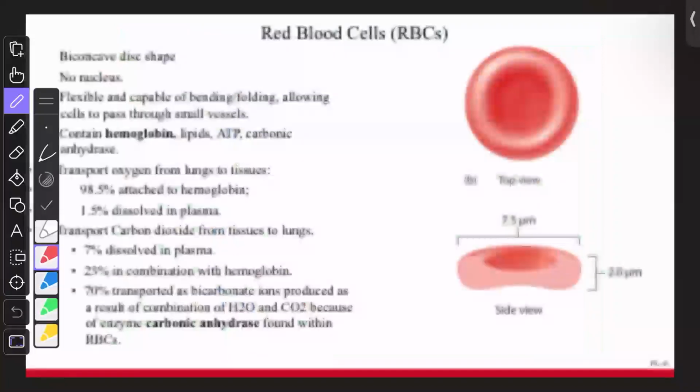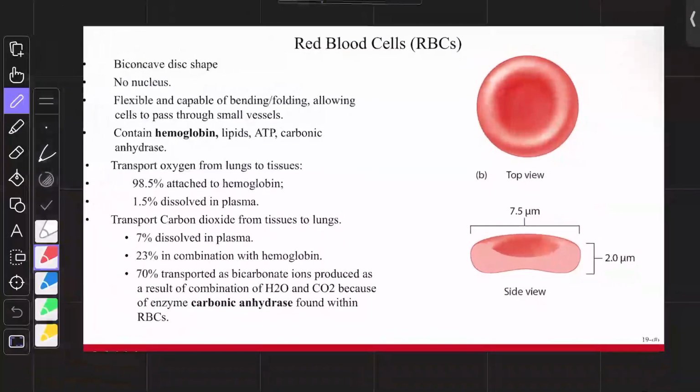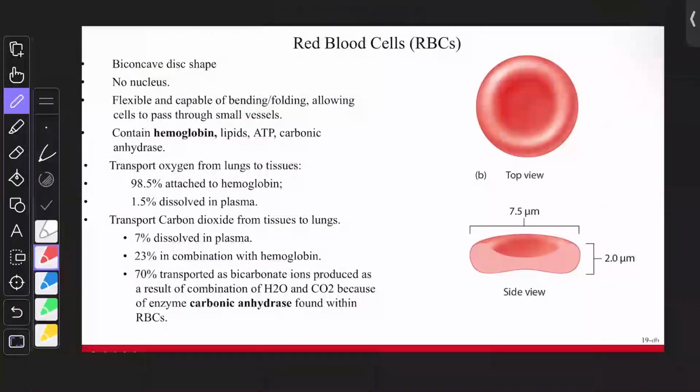Okay. All right. So red blood cells. First of all, red blood cells are unique in the body in that they lack a nucleus. They are anucleate, and they have a biconcave disc shape, which means they are almost a donut, right? If you just squeeze a little bit harder in the middle, then you have a donut, right?